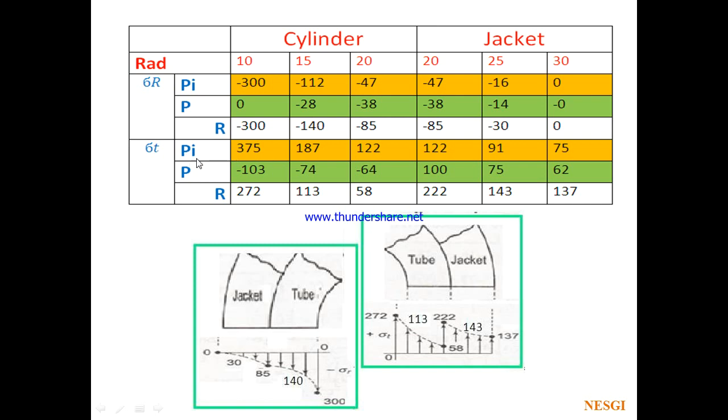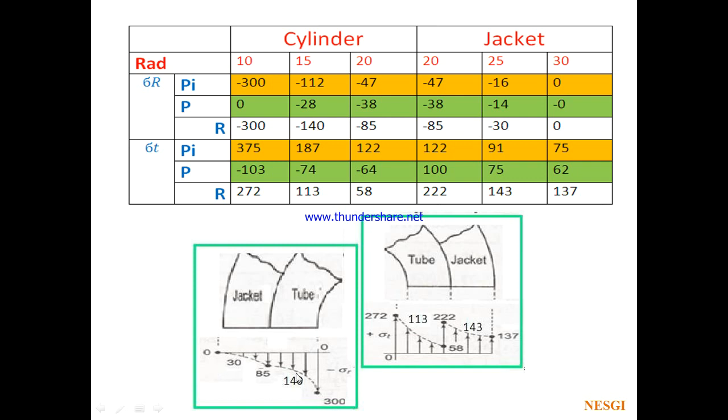So this is 375. These stresses are due to internal pressure, and these stresses are due to shrinkage pressure. Again make addition of both. 375 minus 103 is 272. 187 minus 74 is 113. So this is the resultant tangential stress. Here you can see the graph.